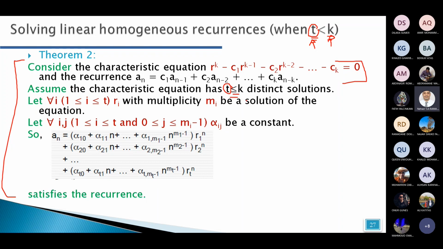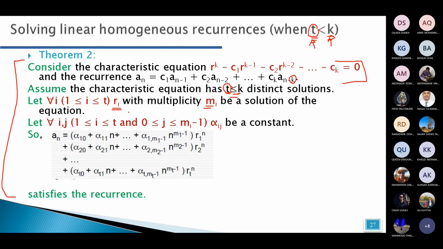But if t is less than k, the distinct solutions, where k means the degree, then first of all, we need to look at the multiplicity of each solution.